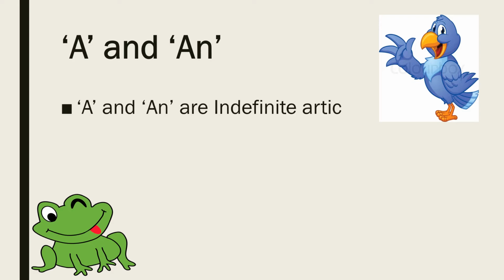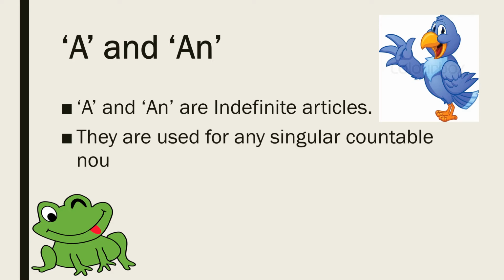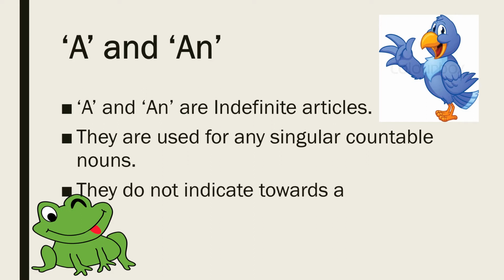A and an are indefinite articles. They are used for any singular countable nouns. So for any noun which is singular and it can be counted, for them we will use either a or an. So these are indefinite articles, and why are they called indefinite articles?